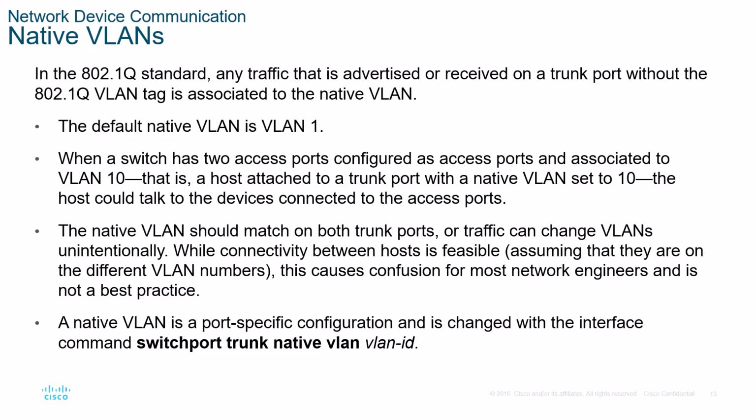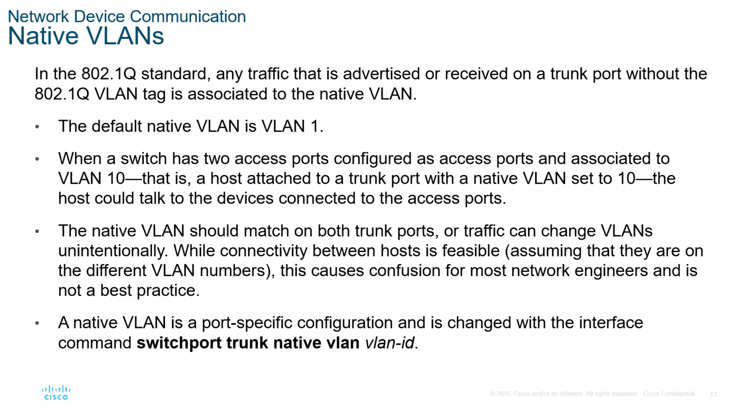That's why ensuring that your trunk modes are protected and secured is important. The native VLAN should match on both trunk ports or traffic can change. While connectivity between the hosts is feasible, assuming there are different VLAN numbers, this causes confusion for the network engineer and is not best practice.